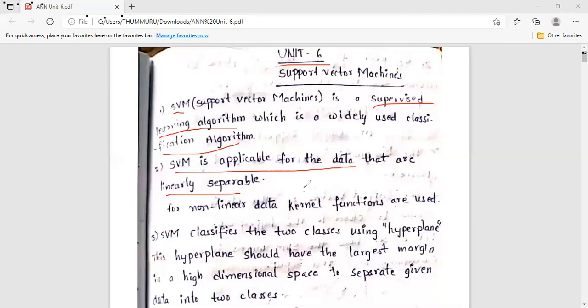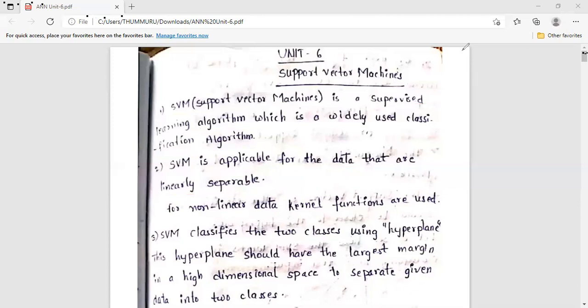So what is the difference between those methods and SVM? Now we will learn the difference between those methods and SVM. Let us go for the next points.